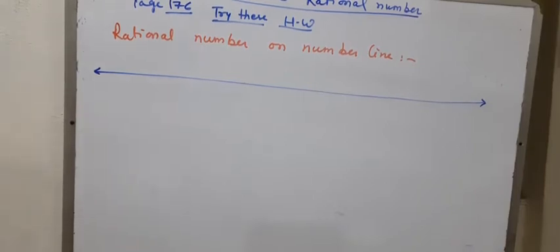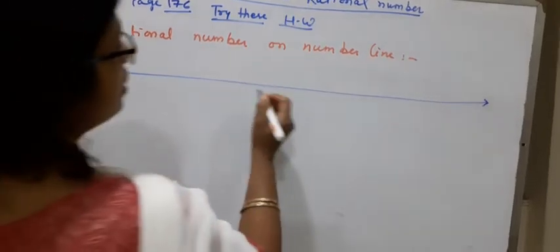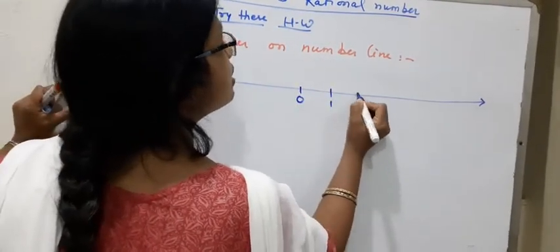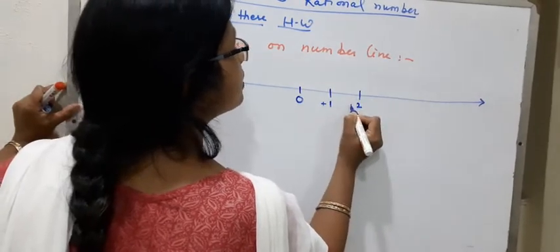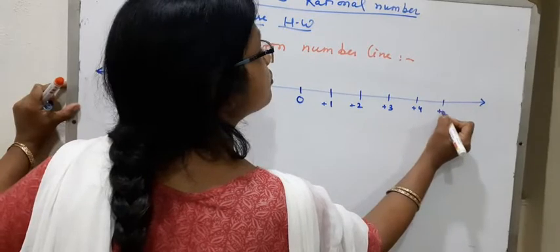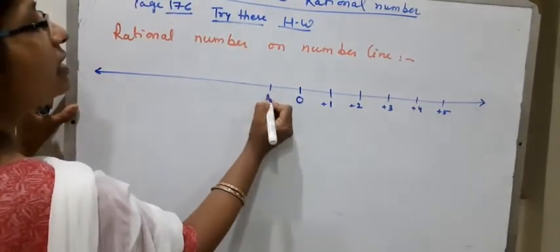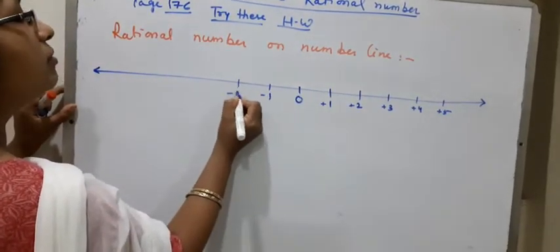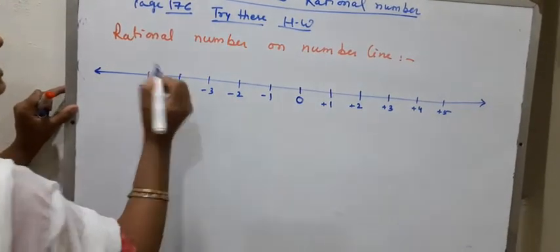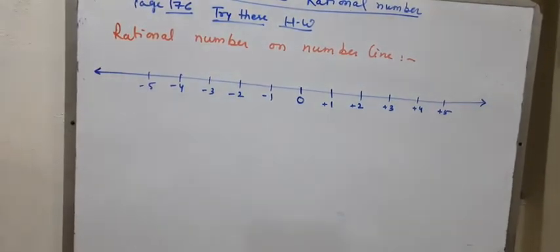We know that on the number line we put 0 in the middle. Right hand side numbers are positive numbers, plus 1, plus 2, plus 3, plus 4, plus 5, and left hand side are negative numbers, minus 1, minus 2, minus 3, minus 4, minus 5, like this. And next topic is rational numbers in standard form.